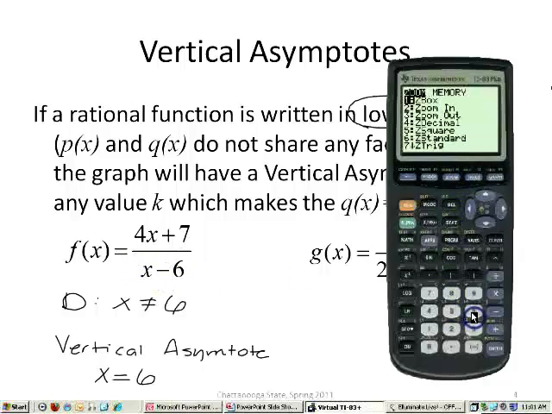If I look at a standard window, zoom 6, I see some funny stuff going on at the value of x equals 6. I'm going to extend my window out a little bit further, to an x value of 20.